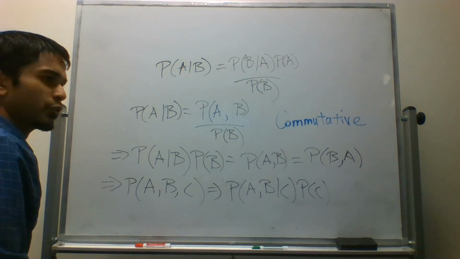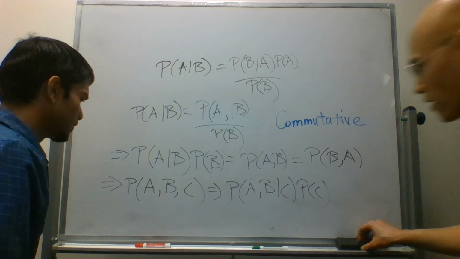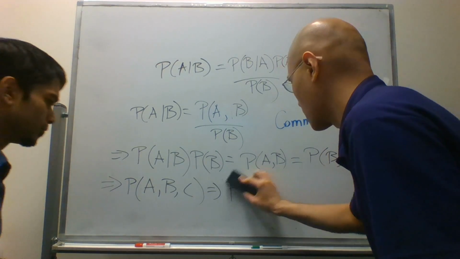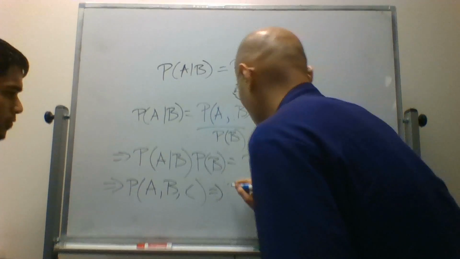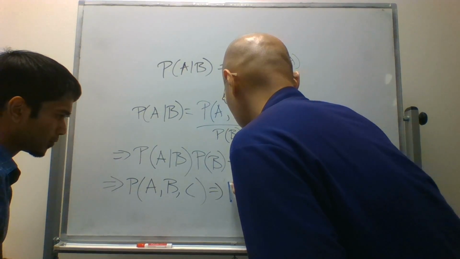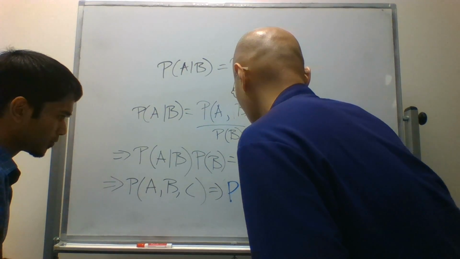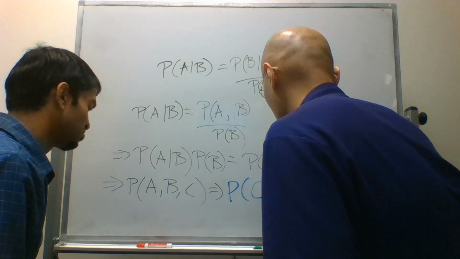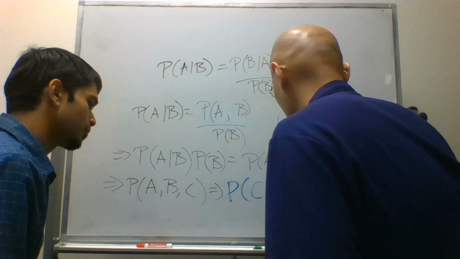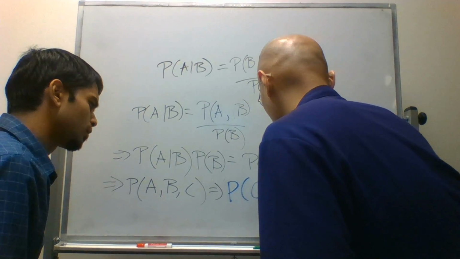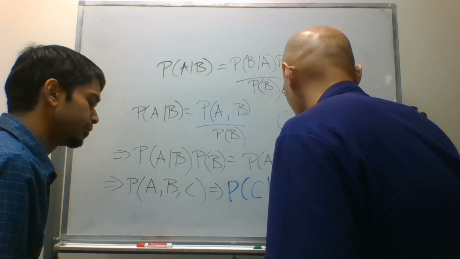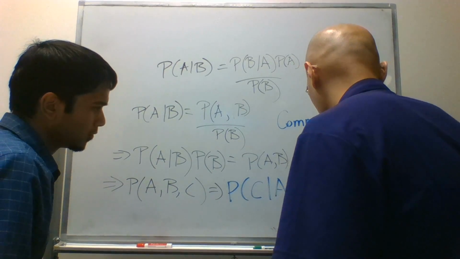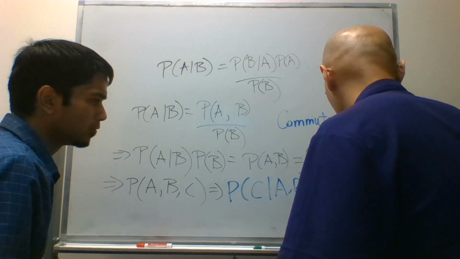Do you want to give this a crack, Eric? We can write it as the probability of C conditioned on A and B multiplied by the probability of A and B.